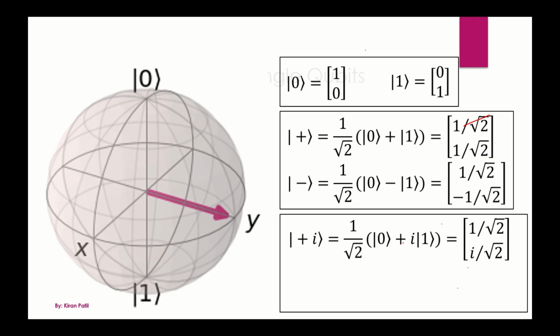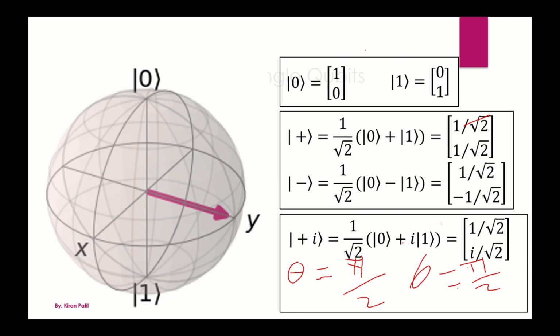Then what about the qubit that lies on the y-axis? For the y-axis, the values of theta and phi for |+i> are theta equal to pi by 2 and phi equal to pi by 2.